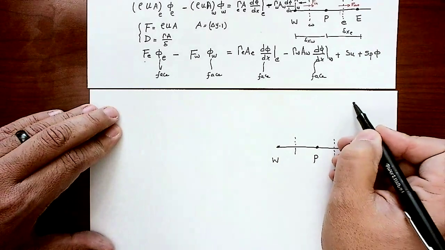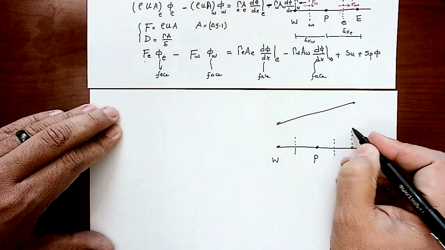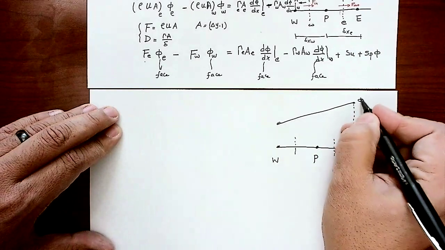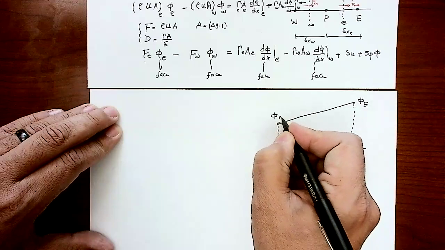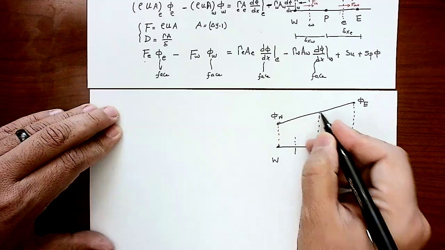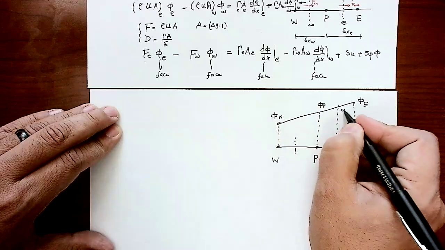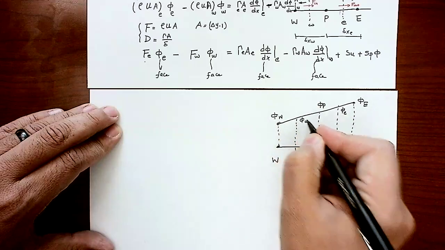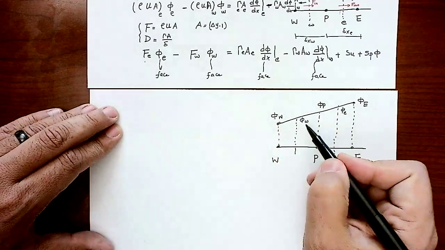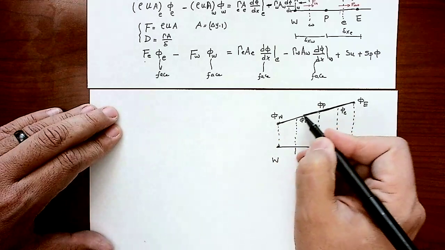So I'm going to have a line here, and if I do projection, that should be phi E capital, and this is the phi W capital, and this value should give me phi P capital, and now that should be the phi on the east face, and this should be phi on the west face. So I need to find these values here and the slope of the line by known node values here.